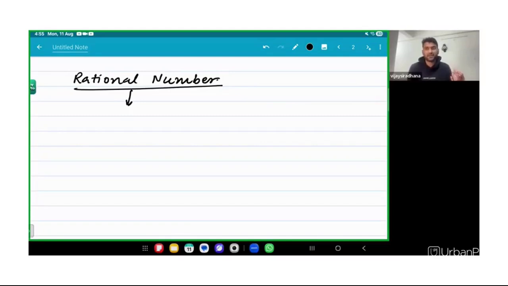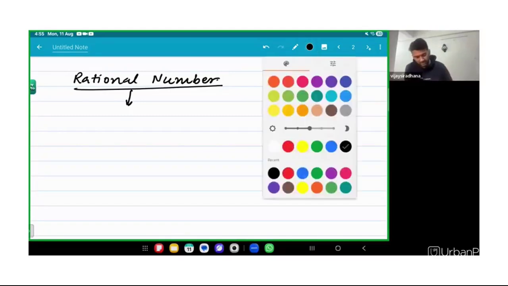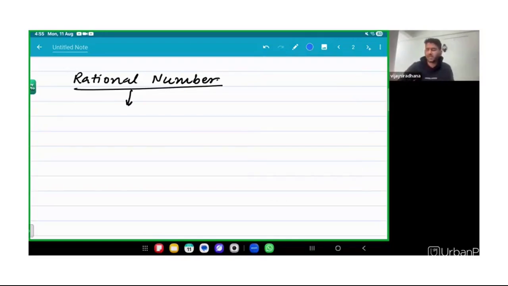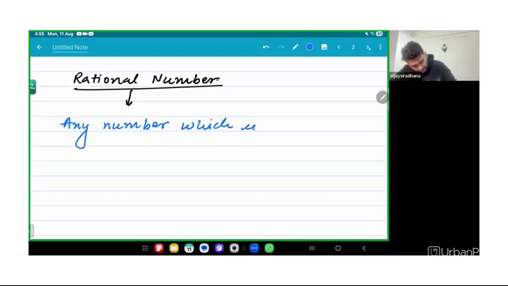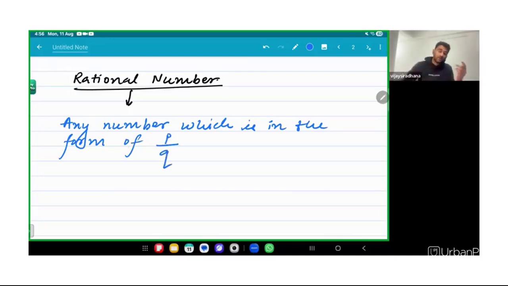The main definition of rational numbers is that it is any number which is in the form of P by Q. Now, there are two conditions which this P by Q form number has to satisfy.